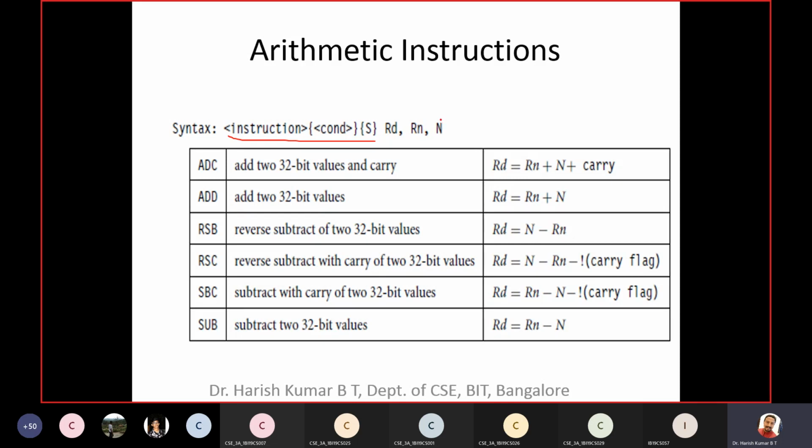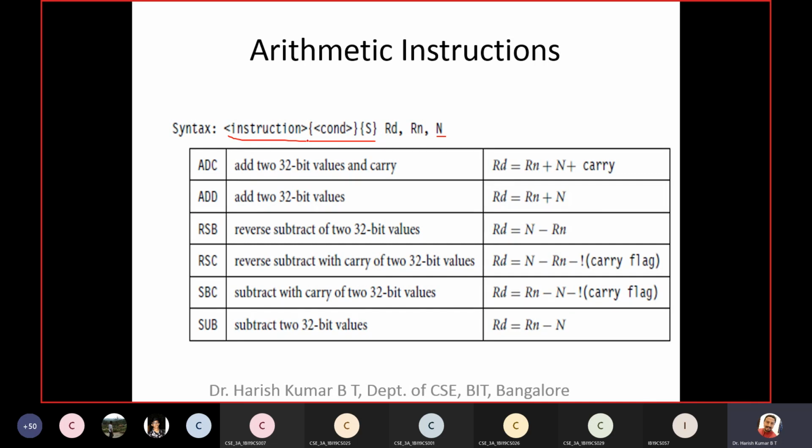This n can be a second source register or an immediate number. Can you make both of them immediate numbers? No, not possible. Only one operand can be an immediate number, but the other operand should be in a register.